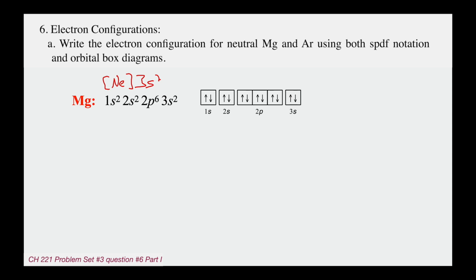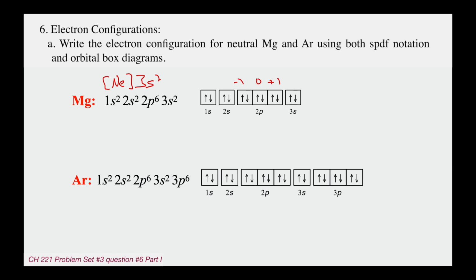You are literally seeing the 3 m sub L values, negative 1, 0, and plus 1. D's would have 5 because negative 2 to positive 2, etc. But anyway, same thing, just plug them on in. 1s2, 2s2, 2p6, 3s2, you're good to go. Magnesium has just as many up electrons as down, so it's considered diamagnetic, which we'll talk about later.